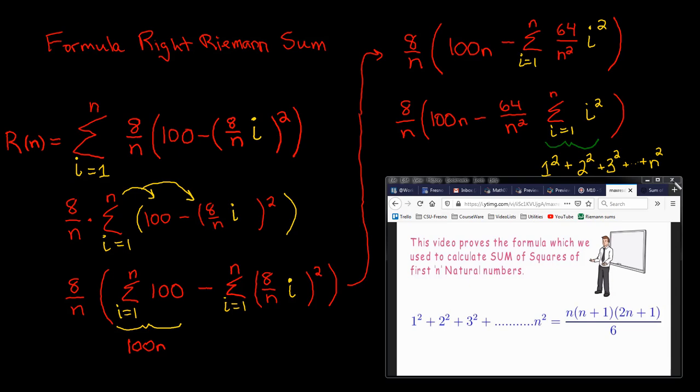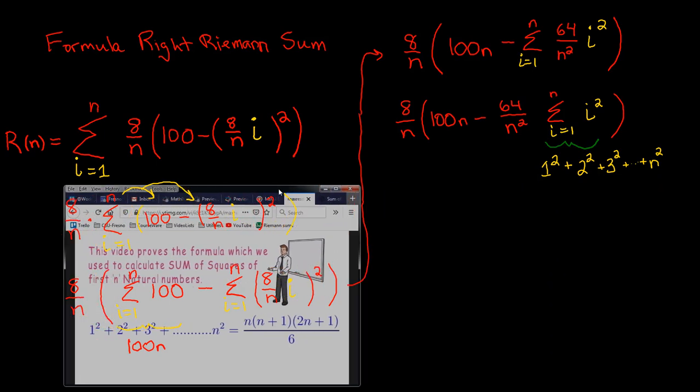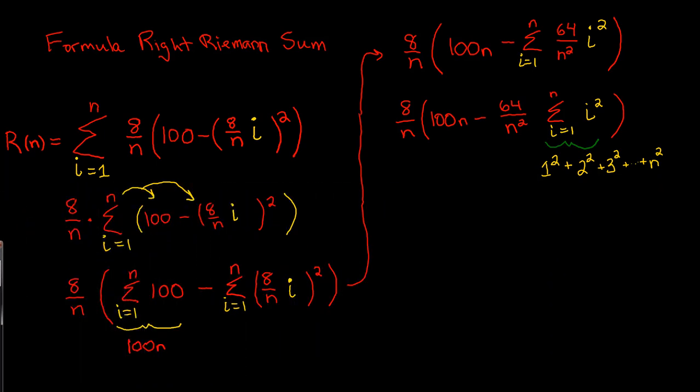So let me go ahead and do that. I'm going to slide this off of the screen, but you can pause the video and write it down in your notes. And so now, let's get back to our sum here.